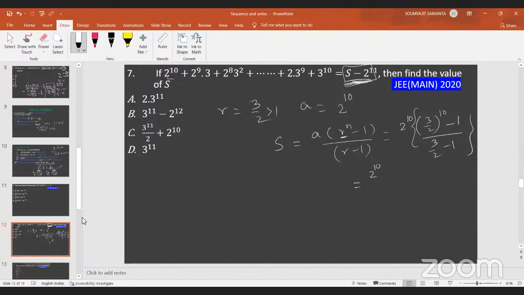The student says n should be 11, sir. N is 11. Let me check. From 2 to the power 10, down to 0, that will become 11 terms, not 10 terms.